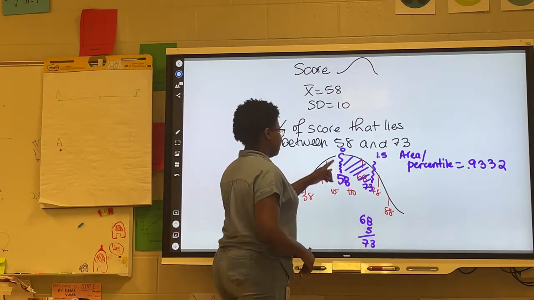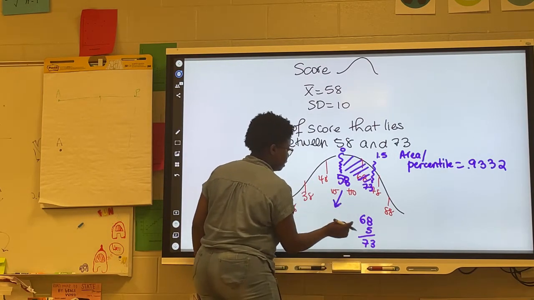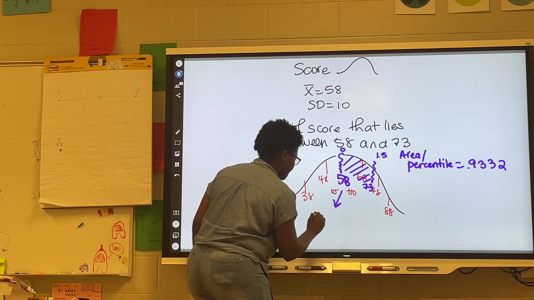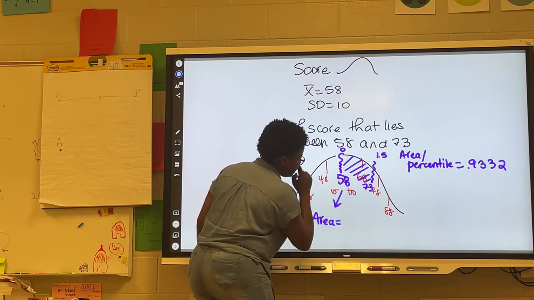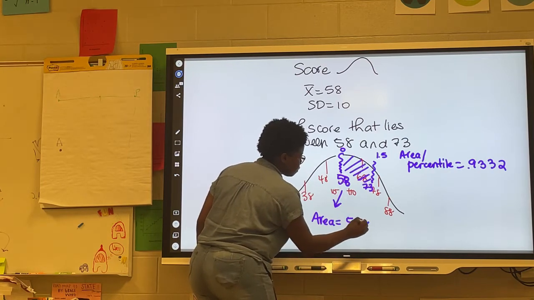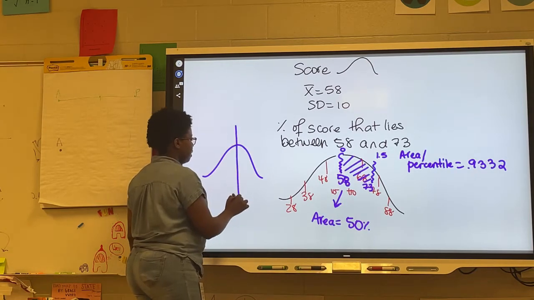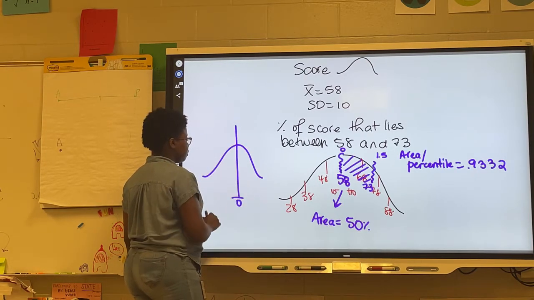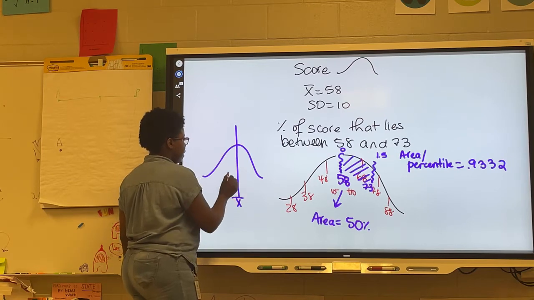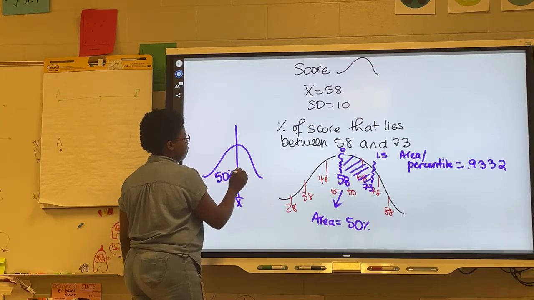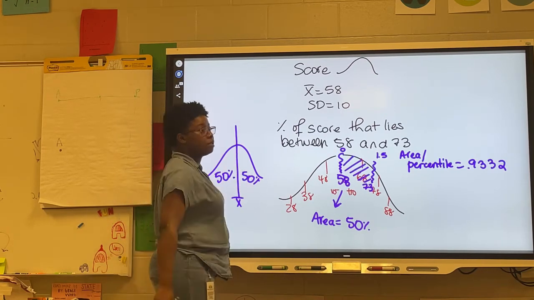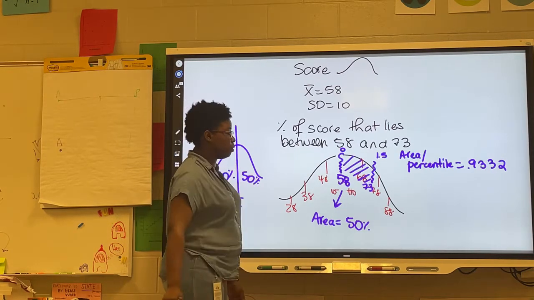And I know 58 is the center, so the area at this point is equal to 50%. How do I know that? Once you have your bell curve, the middle is the center, which is going to be 0, and 50% to your right and 50% to your left, because you said the data was normally distributed.